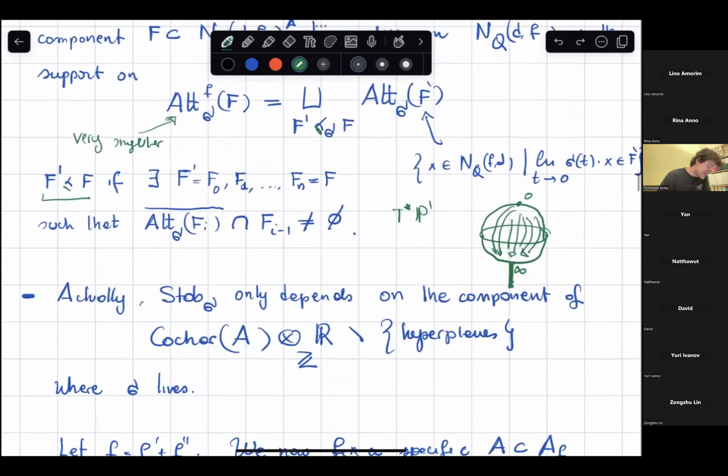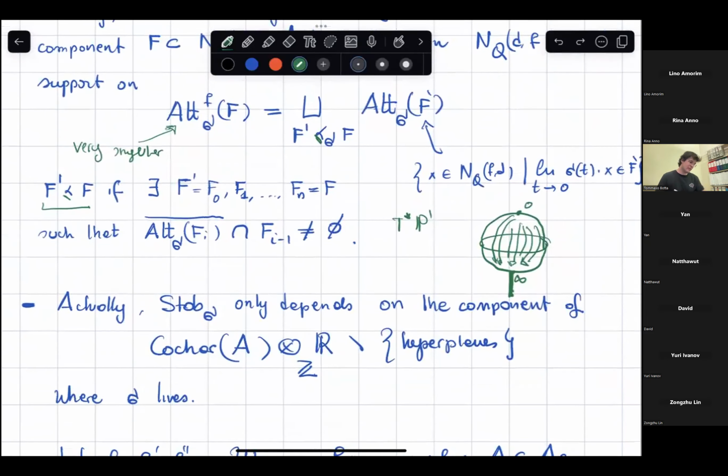And so let me also say that actually the stable envelope for my choice of co-character sigma only depends on the component in the real Lie algebra of A where sigma lives. Sorry, this is imprecise.